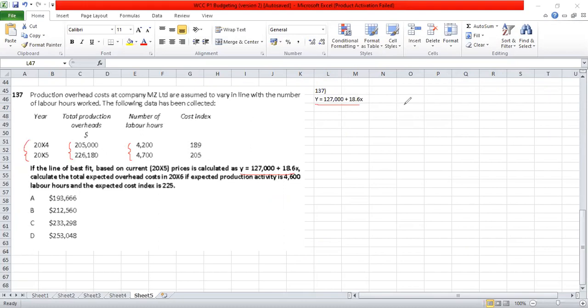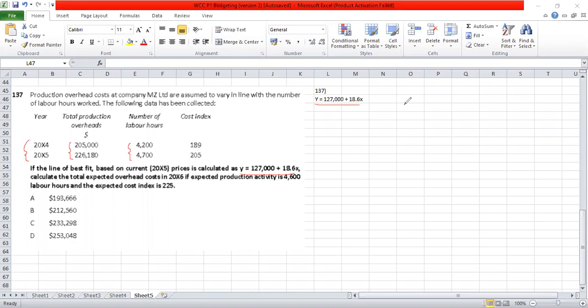A major part of the calculation is already finished and we are just provided. Let's say for you in the example, it may start without giving an equation. So you only have to find out the variable cost, fixed cost, frame it into an equation, then take it up further.